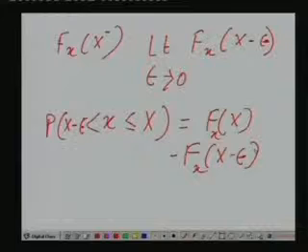Now see the interesting thing, if on the left hand side I take a limit of epsilon tending to 0, then what happens?